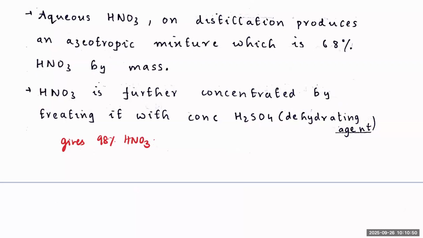This way you can remove all the water and you get 98% HNO3. At this composition, you will not be able to separate them. That's why we need to add concentrated H2SO4 so that it can consume all the water and leave behind HNO3.